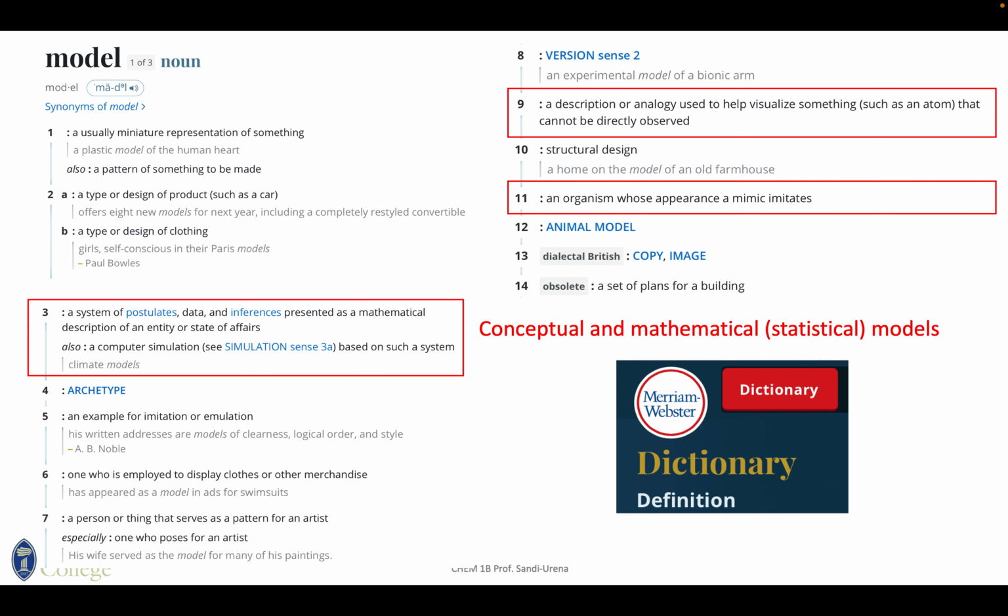So we can use an entire organism to model biological responses. Just keep this broad idea of model and do not think of model as a drawing, a picture, or a miniature representation of a larger object.